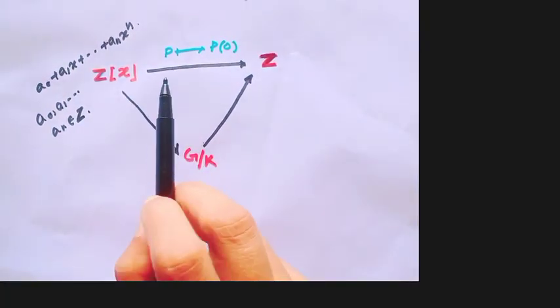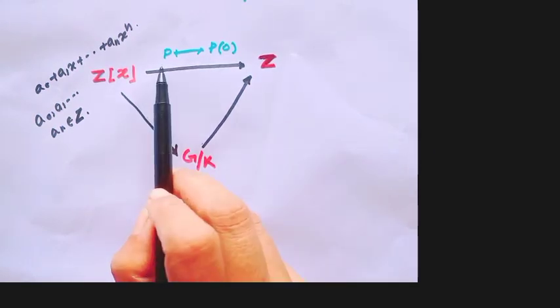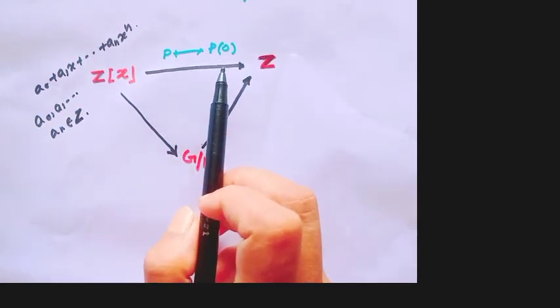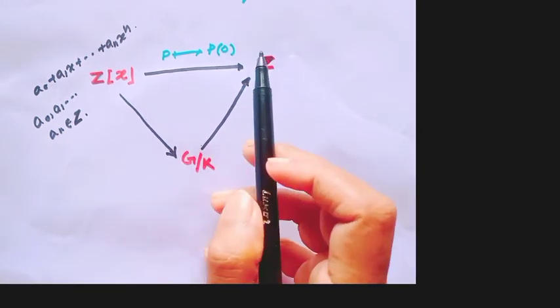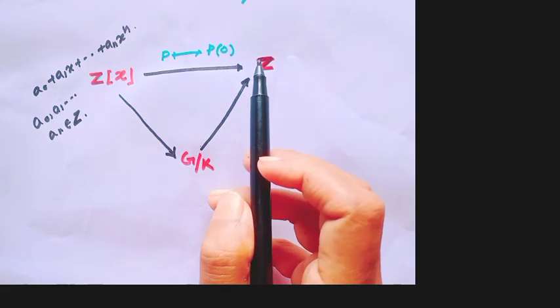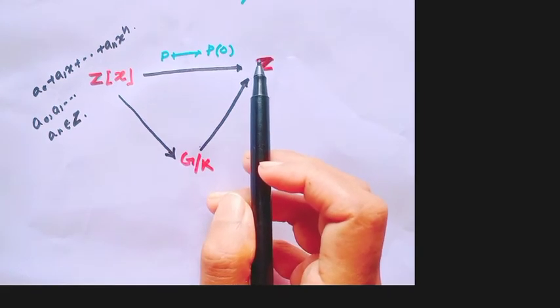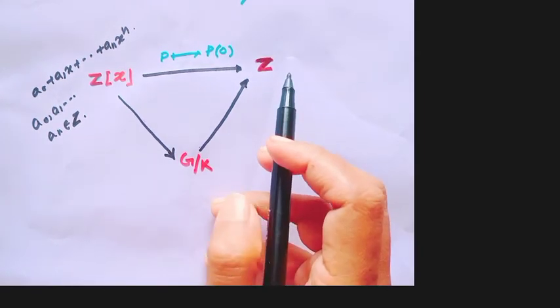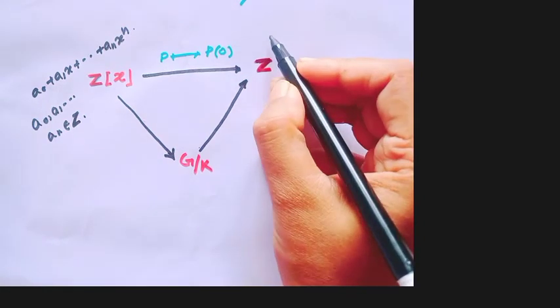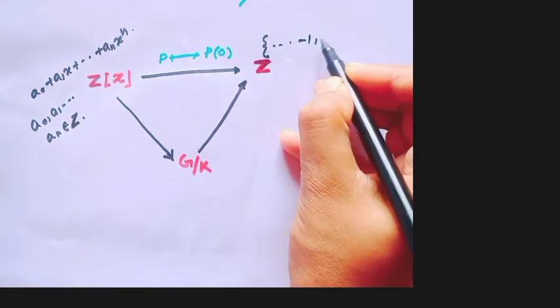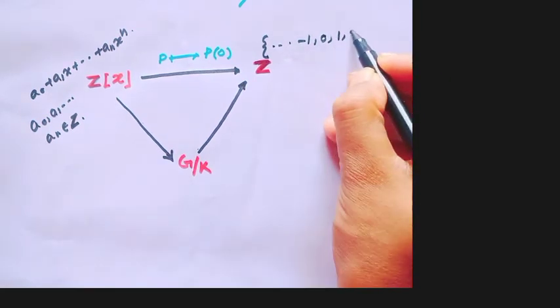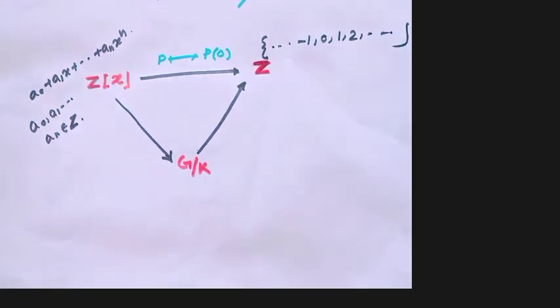I have defined a homomorphism from Z[x] to Z such that P maps to P(0). That means here P(0) means only the constant term, which is always an integer like minus 1, 0, 1, 2, and so on.